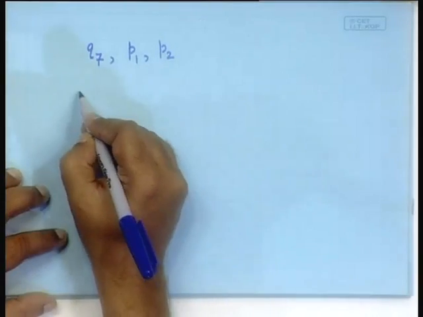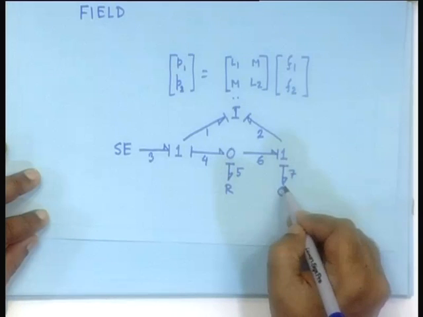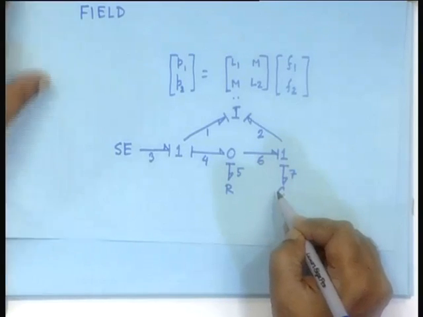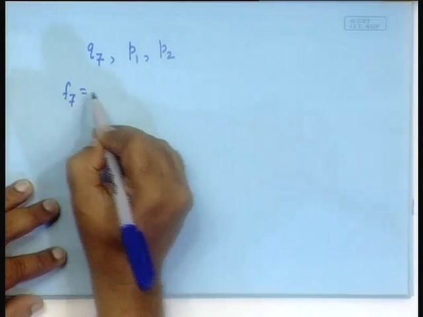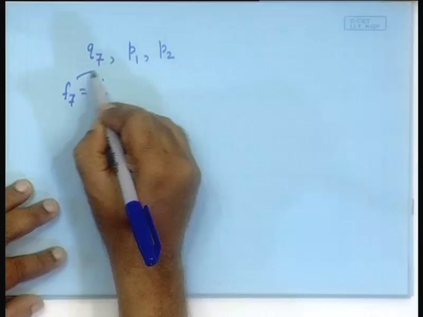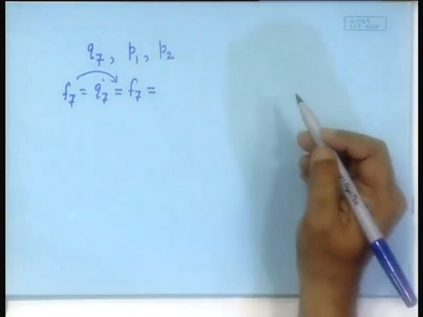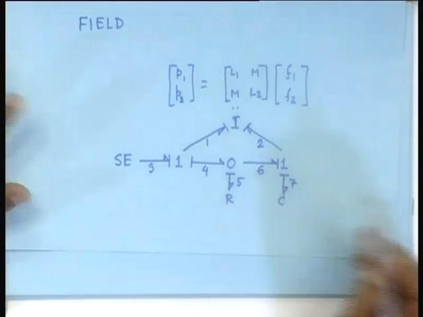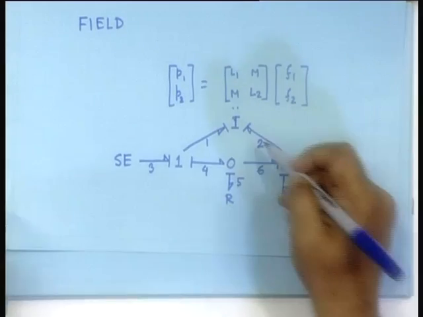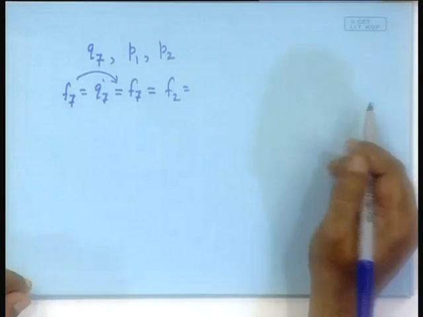Let us start with this. In order to find this Q7 dot, we ask the question, what does this element receive from the system? F7 is equal to Q7 dot. F7 is F2, which is known, you just substitute it from here.